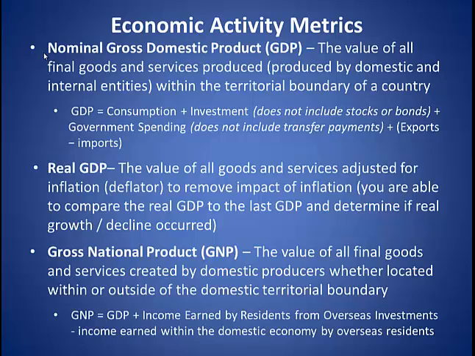Government spending does not include what we call transfer payments, and that would be things such as welfare, Social Security, the tax credits for low-income people, and so forth. These would be transfer payments, so they're not included. And then plus exports minus imports.